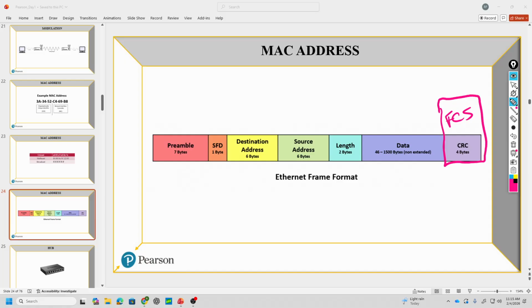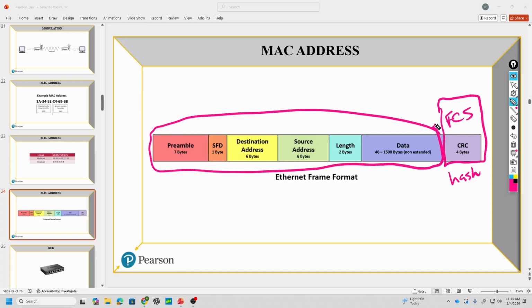What this is, is a hash, meaning it's that 16-bit hash that looked at everything right here, took all of that, hashed it, and produced a 16-bit number.